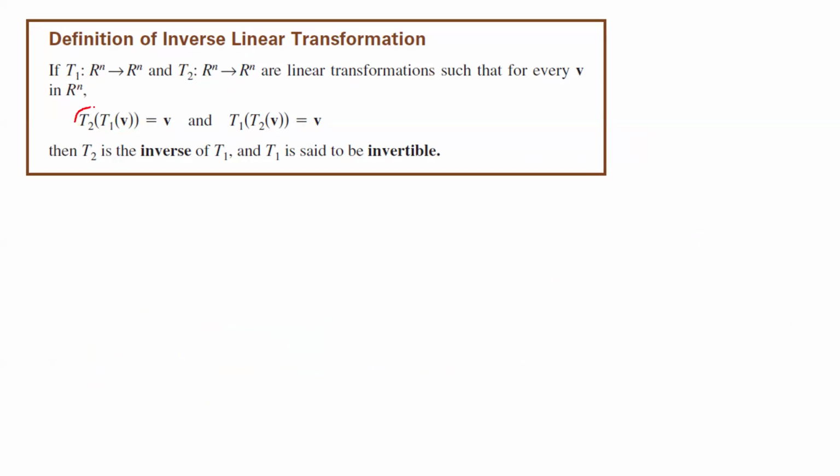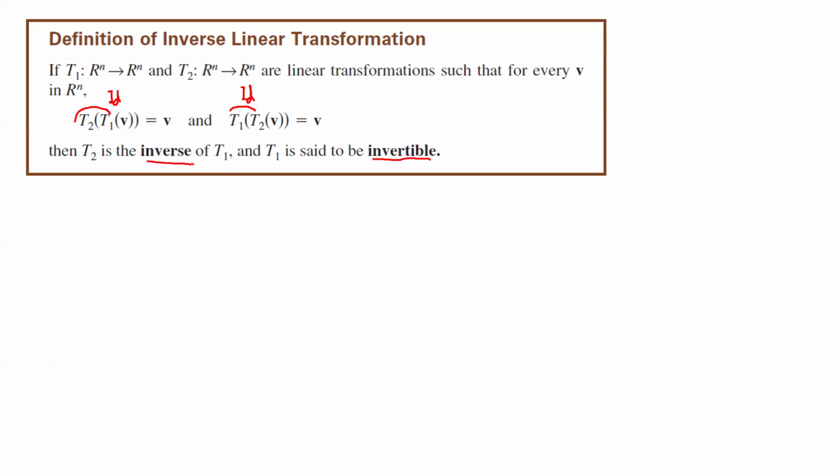Both of them are identity transformations. If the compositions of T1 and T2, and T2 and T1, are both identity transformations, then you can say that these two are invertible and they are inverses of each other.